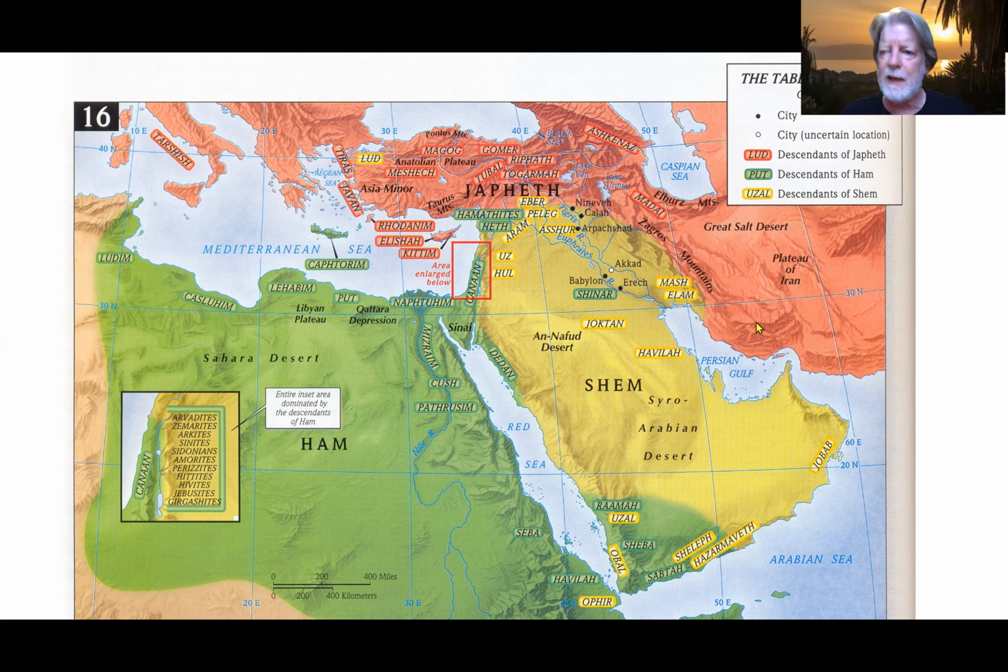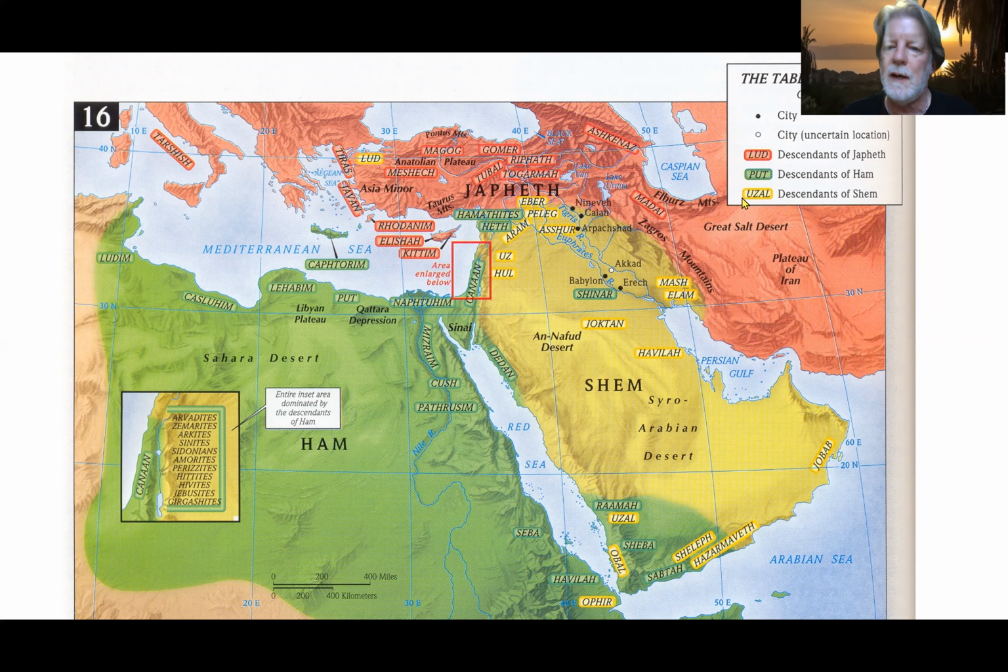So the first thing that we'll look at on the map is the legend here, that shows that all the areas depicted on the map in red are the descendants of Japhet. So here they are settling in Asia Minor and Europe. The green parts are the descendants of Ham, so that's Africa and part of Saudi Arabia, like down in the southern part of Saudi Arabia.